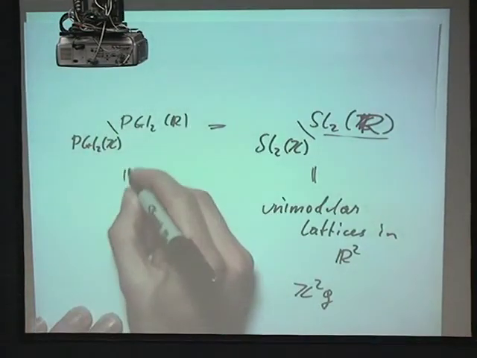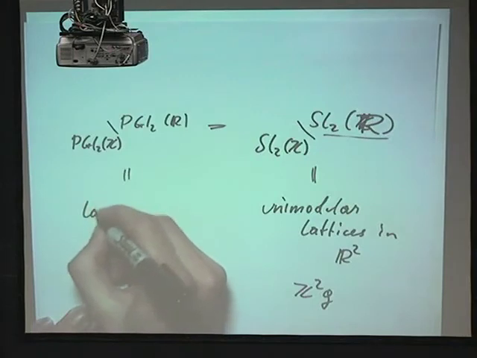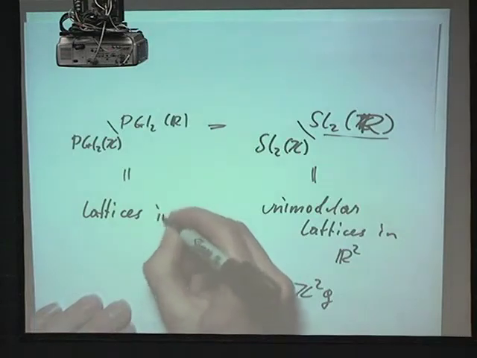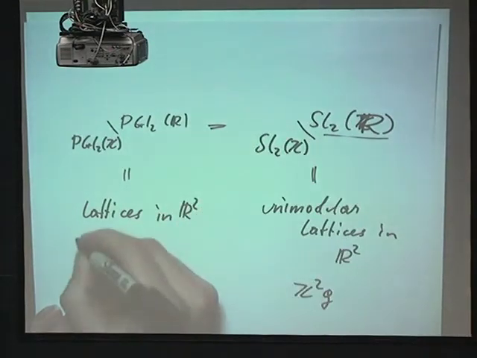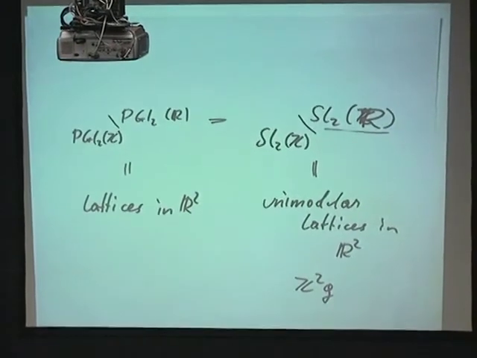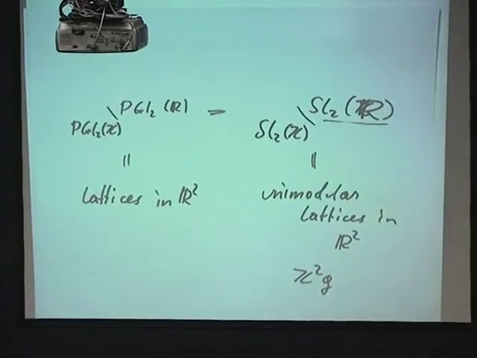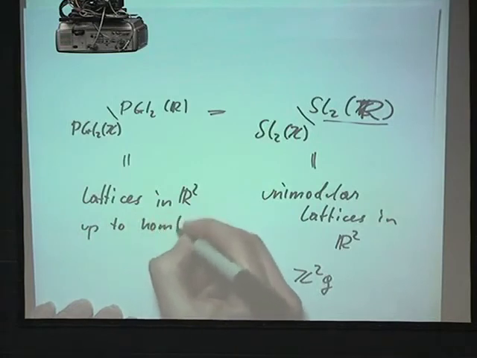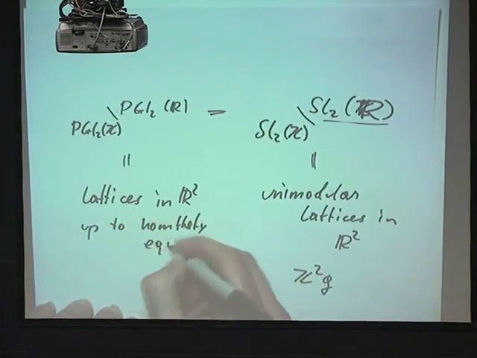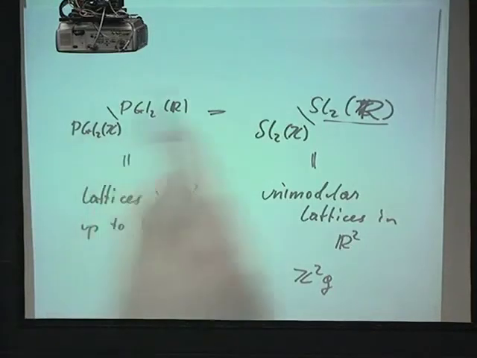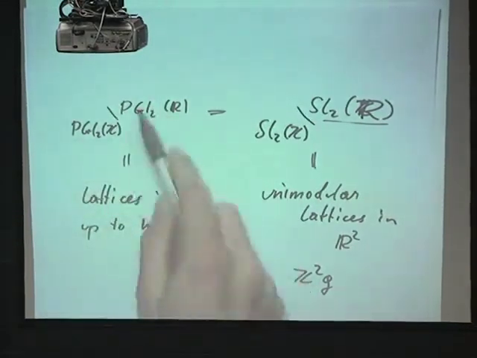This side is equal to lattices in R2, not caring about their volume, considered equivalent if I can obtain one from another by multiplying by a scalar, up to homothety equivalence. Now, again, you can argue very concretely, algebraically, to see that these two things are the same.